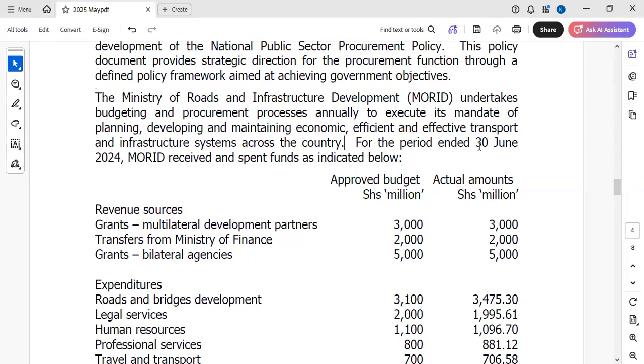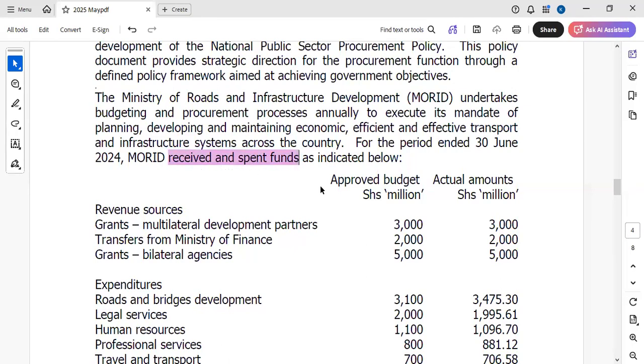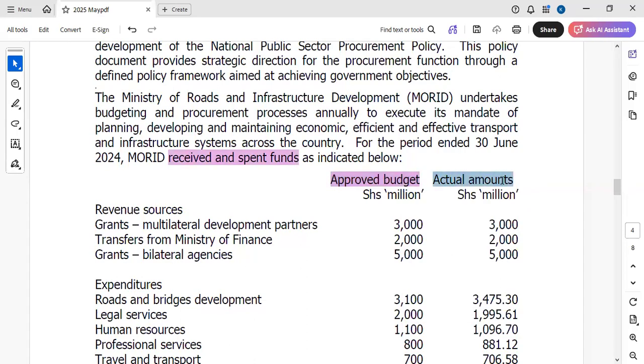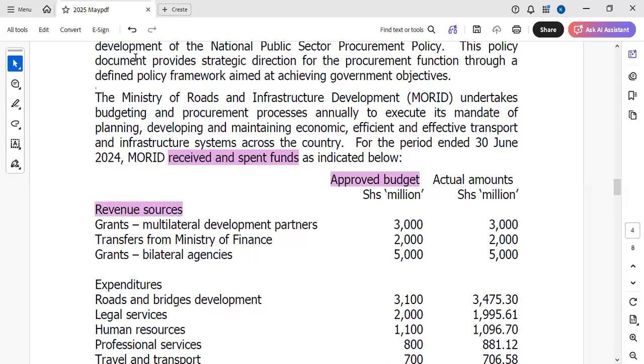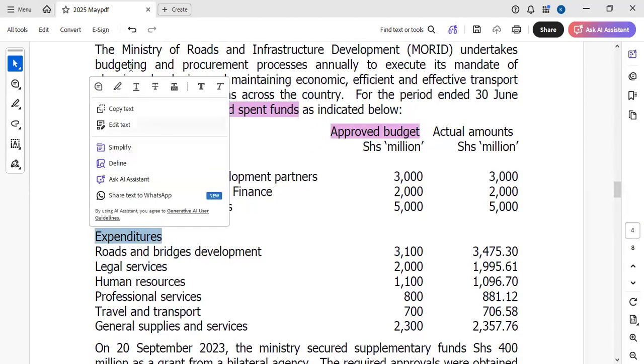For the year ended 30th June 2024, this ministry received and spent funds as indicated below. We have the approved budget and the actual amounts. We have the revenue sources. We have also the expenditure items.